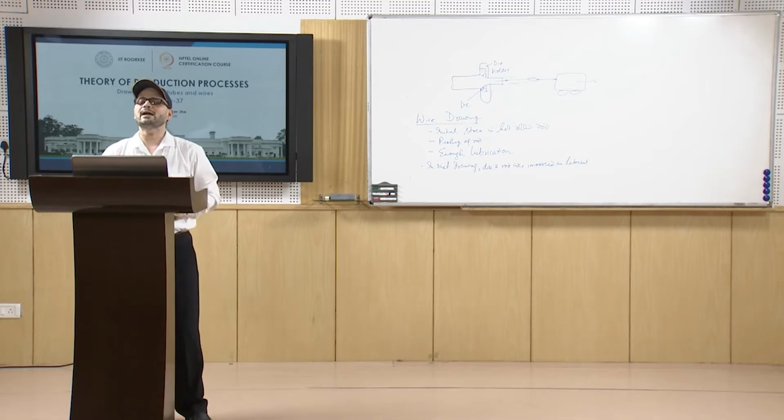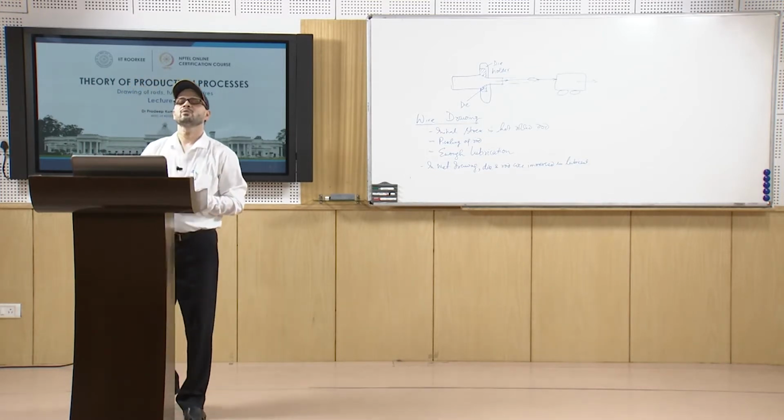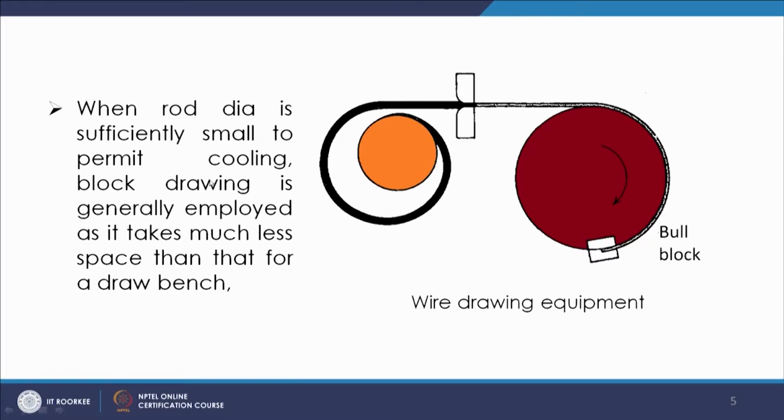Now, if you look at the operation of wire drawing, block drawing is normally employed when your rod diameter is sufficiently small to permit cooling. Because it takes less space, as you see, you have this as the stock.